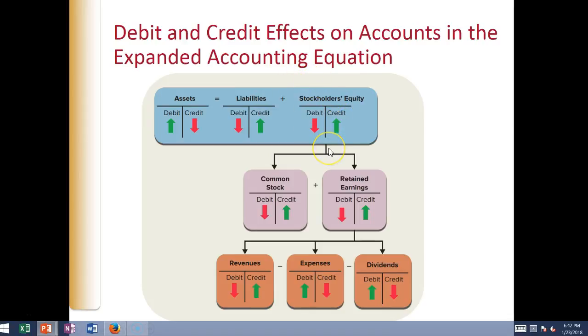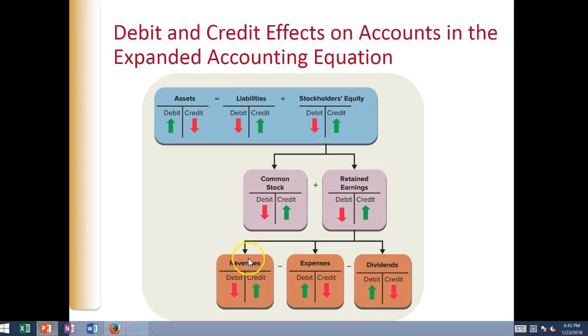And stockholders' equity consists of the common stock, which are investors coming in from outside the company, and then retained earnings are those claims that come from within the company through net income. So retained earnings gets increased every time we finish out a month or finish out a year by taking our net income and increasing that into our retained earnings.